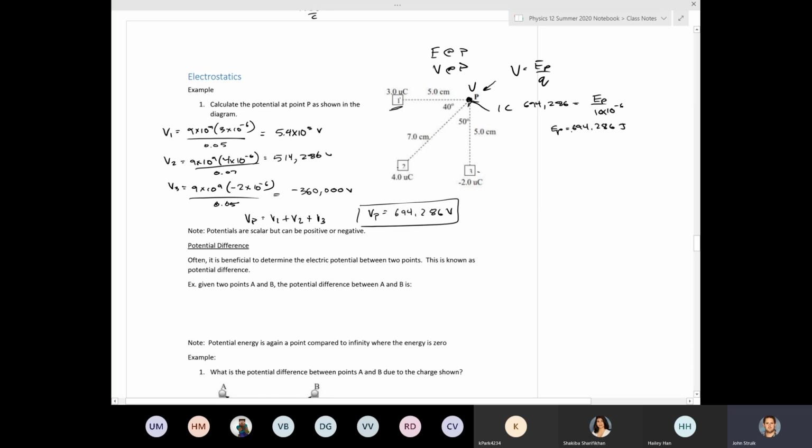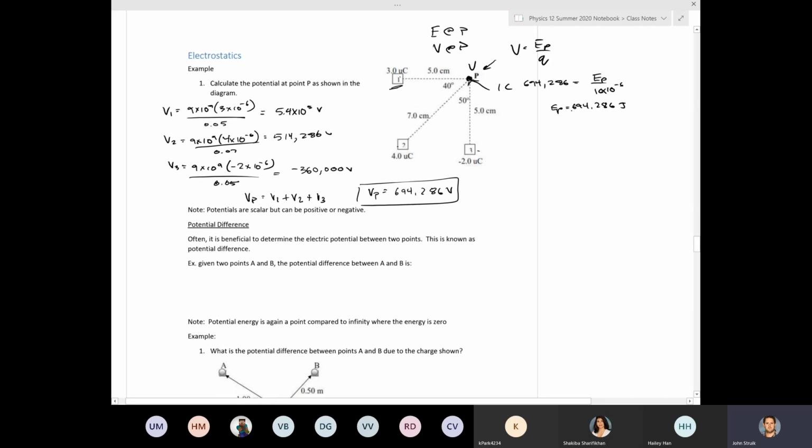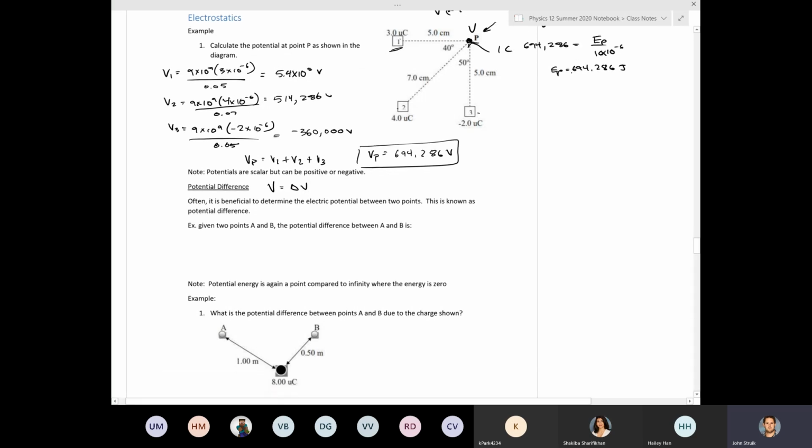What we know as voltage is actually called potential difference. Voltage is actually defined as a change in electric potential. So it's actually the difference between 2 points in space.